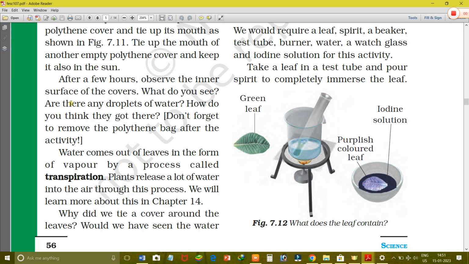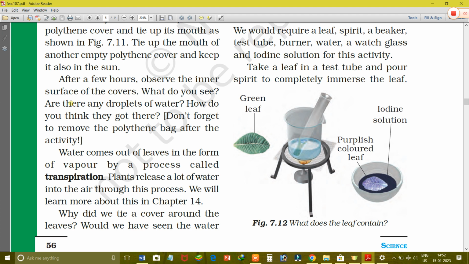Water comes out of the leaf in the form of vapour by a process called transpiration. Plants release a lot of water into the air through this process. We will learn more about this in chapter 14.